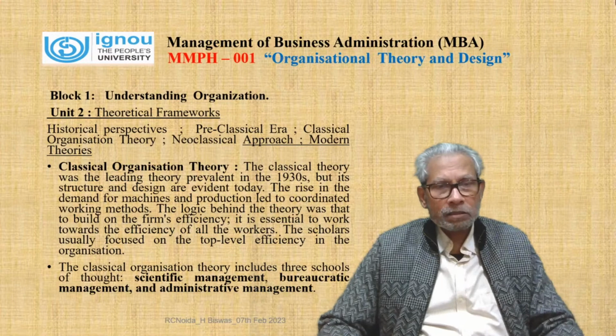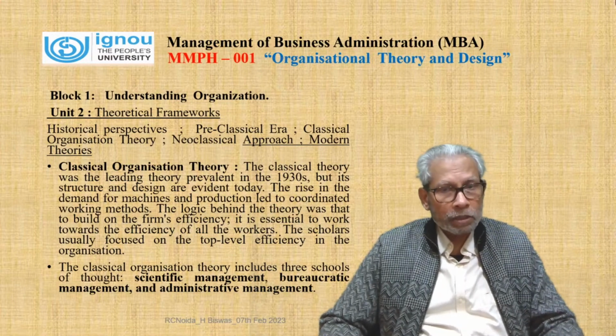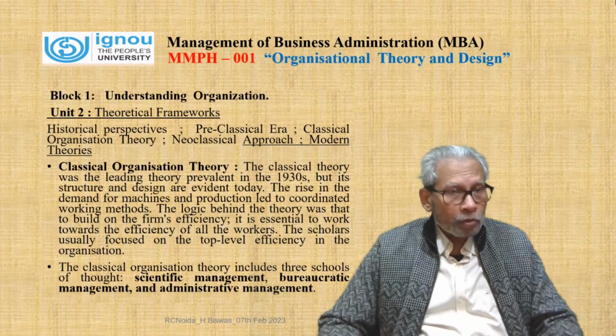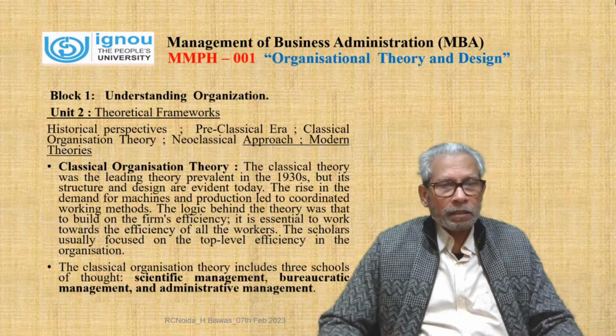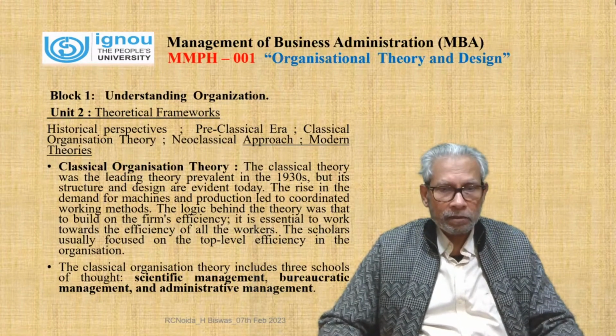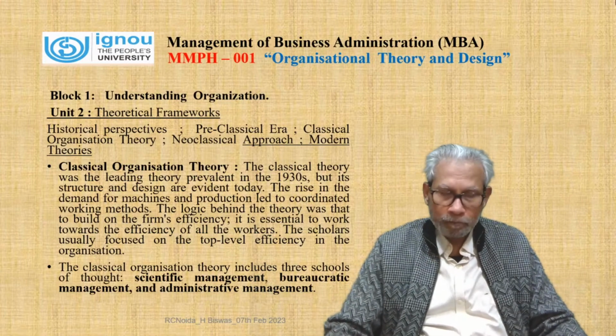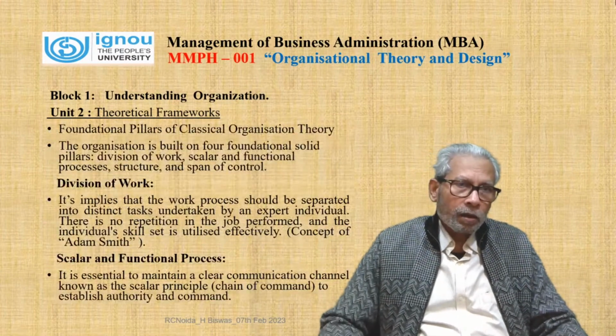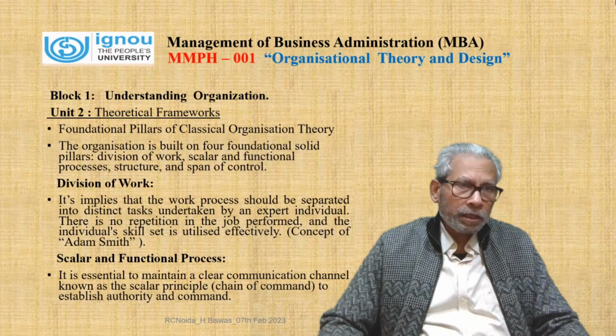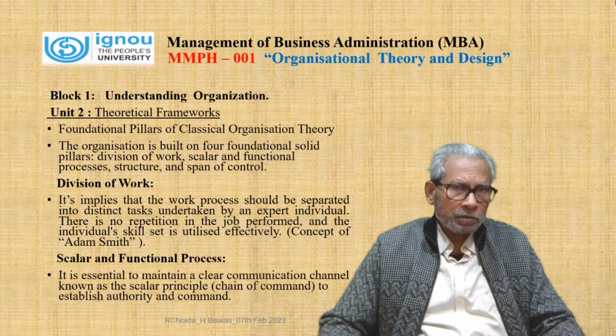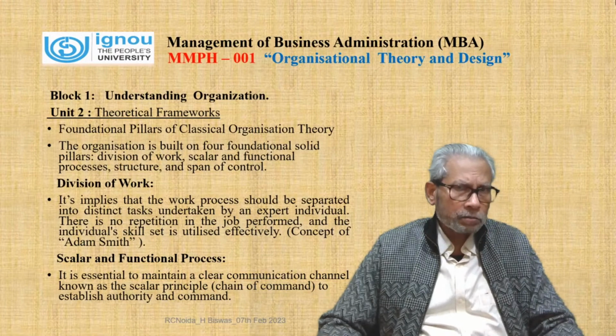The classical organizational theory includes three schools of thought. I have highlighted the three: scientific management, bureaucratic management, and administrative management. These are the fundamental pillars of the classical organization theory.